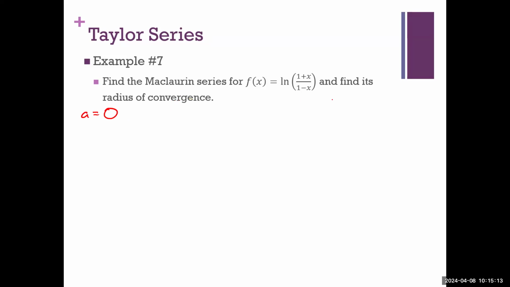If this is my function, how would I find my first derivative? So 1 over this thing, times, is that it? Are you all right with that? Would you rather see a better way to do it?